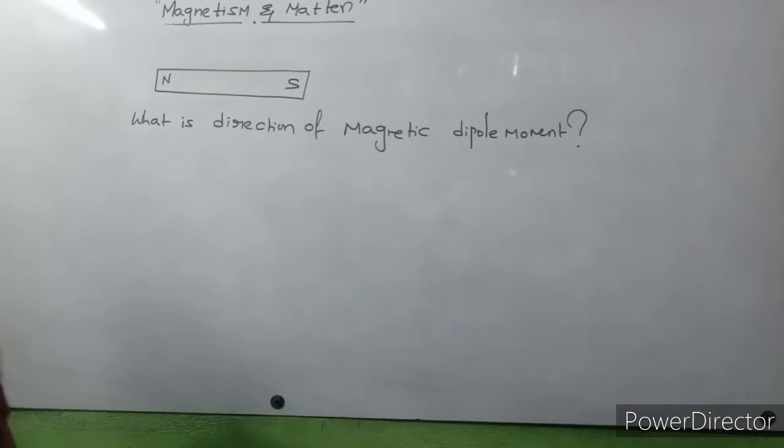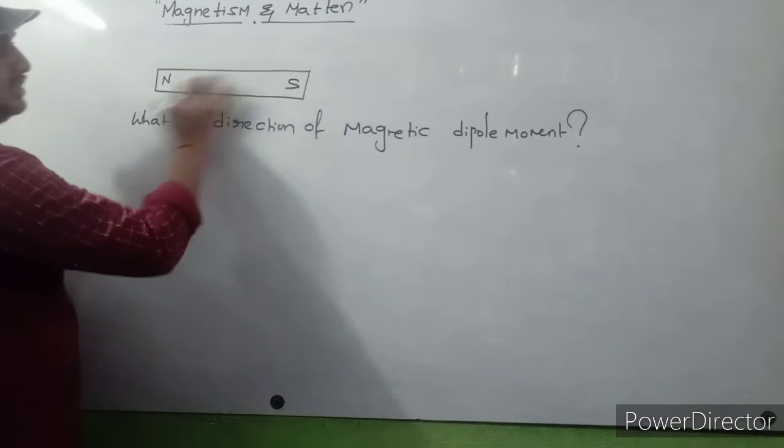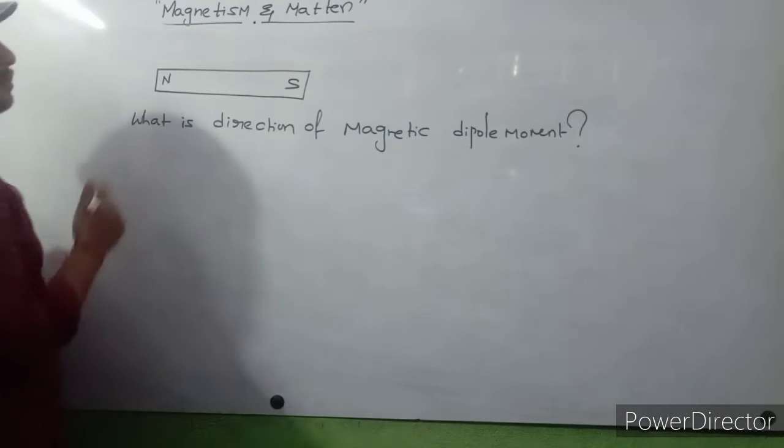What is the direction of magnetic dipole moment? So this is the question. We consider a bar magnet. What is the direction of magnetic dipole moment?